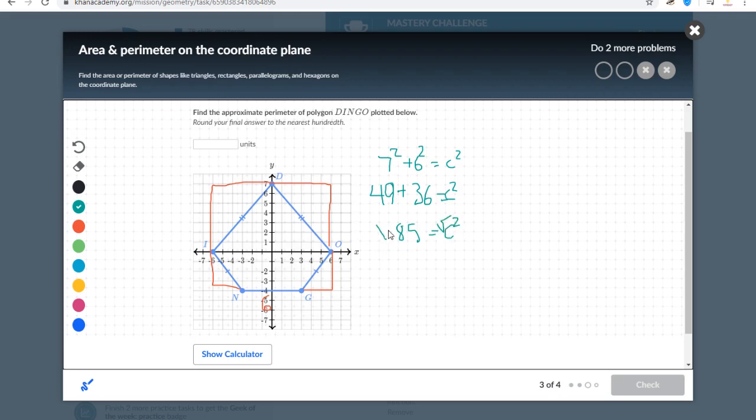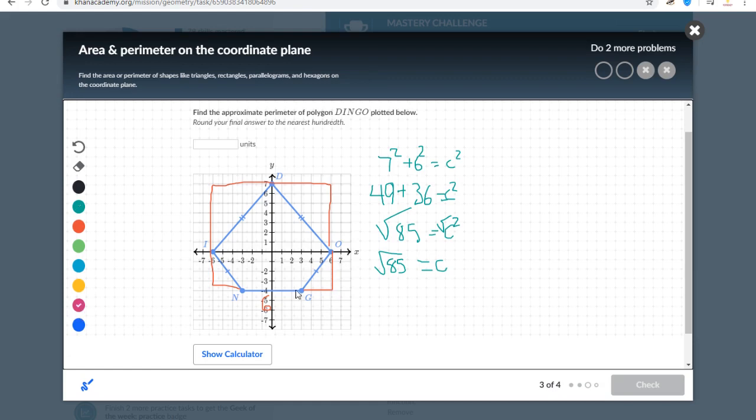Now let's square root both sides. C equals square root 85. So we know this part is square root of 85. That's one of our values. We can't really simplify that in radical form as far as I know, so let's just keep it square root of 85.